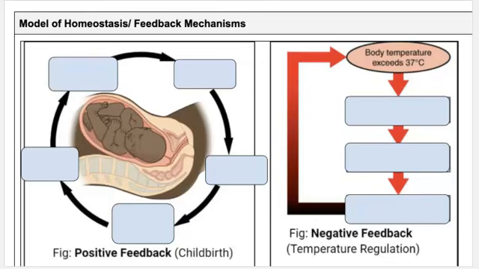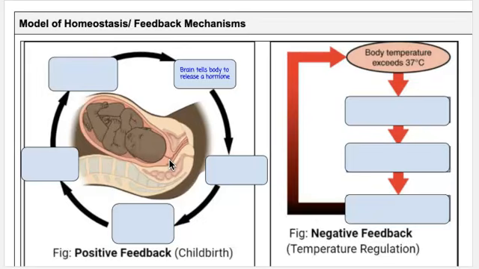Next, we are going to look at positive and negative feedback models, comparing both of these. On the left, we have an example using childbirth. So here we have the baby, and they're pushing against the cervix in the female, which is the opening.